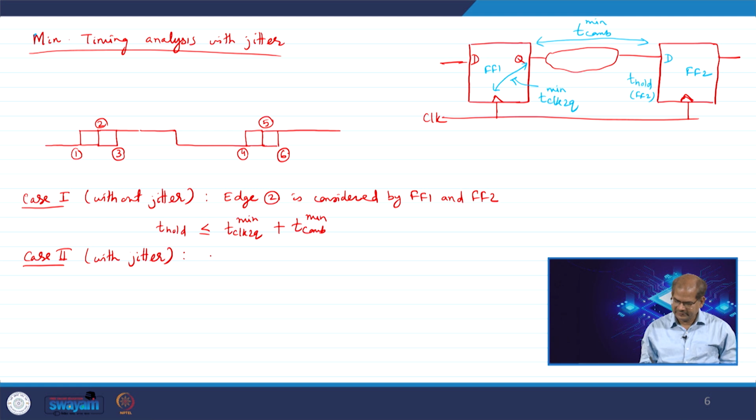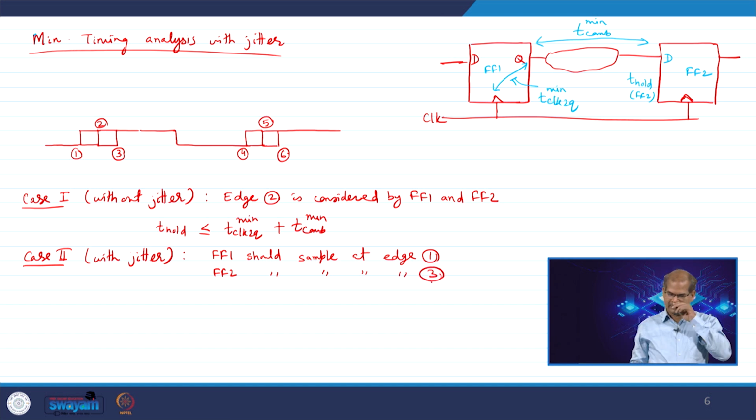So, in this case, in order to consider the worst case, flip flop 1 should sample at edge 1, and flip flop 2 should sample at edge 3.